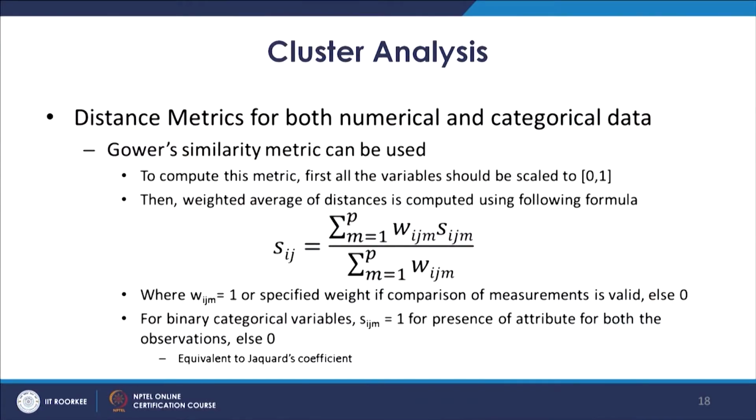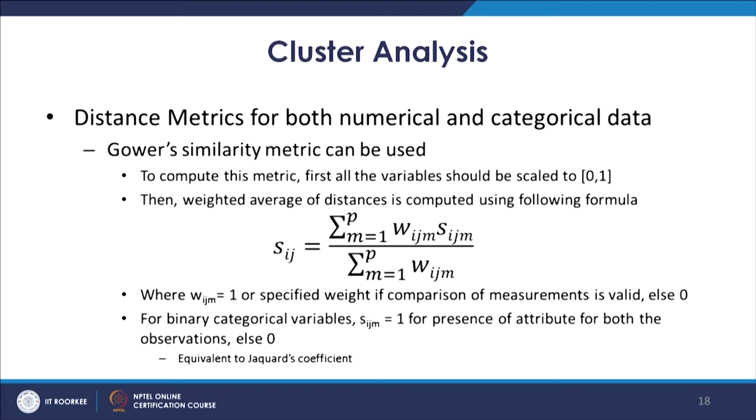So, let us move to the next category. If our variable is a binary categorical variable, Sijm is going to be 1 for indicating presence of the attribute for both the observations, else 0.